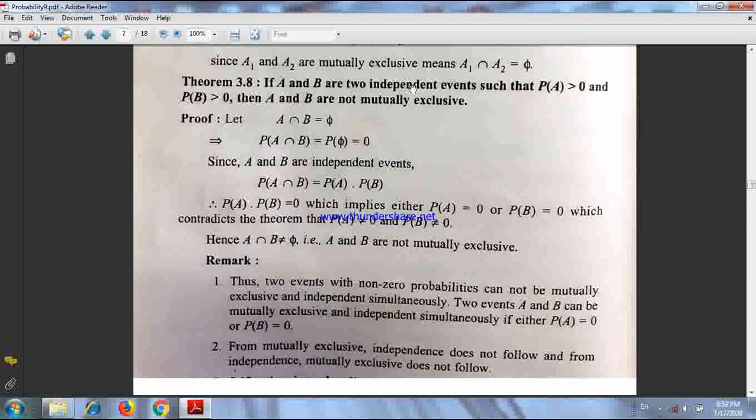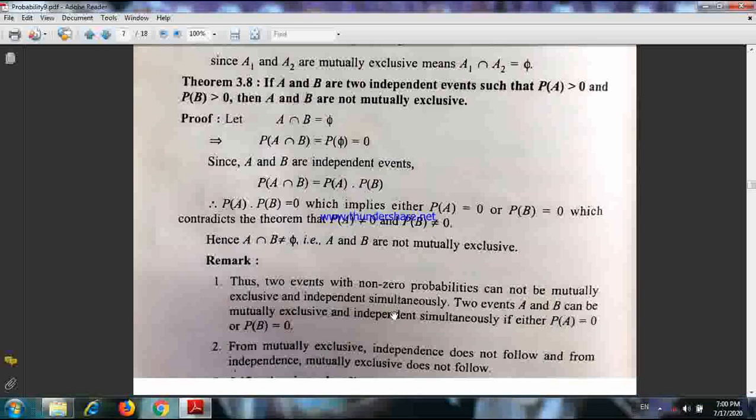Now, I assume that they are mutually exclusive.